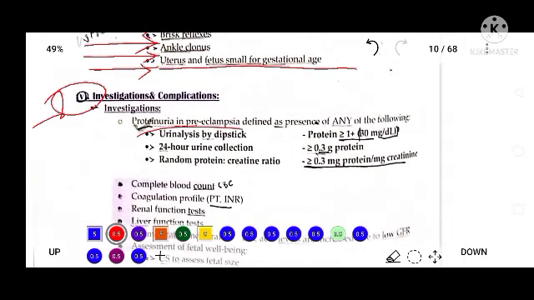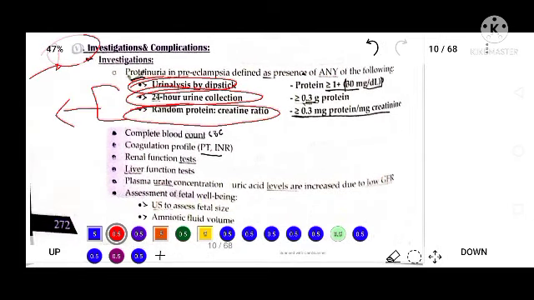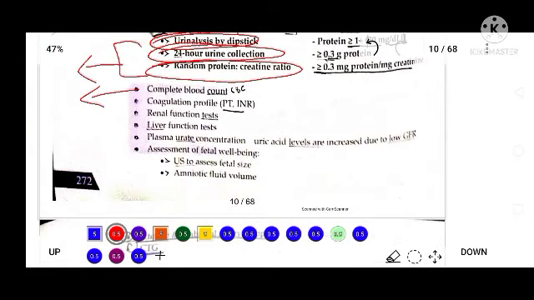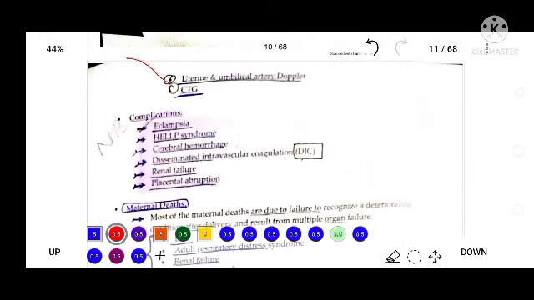Investigations will be urine dipstick test, 24-hour urine collection, and random protein creatinine ratio. Other investigations are complete blood picture, coagulation profile, renal function test, liver function test, and plasma concentration. Ultrasound of the fetal size and amniotic fluid volume must be assessed, and uterine umbilical artery Doppler with CTG.